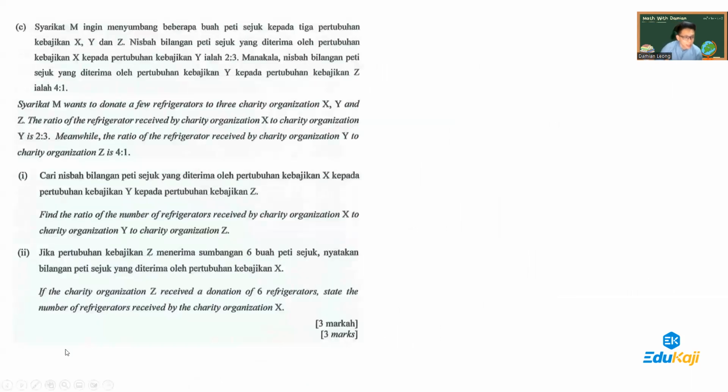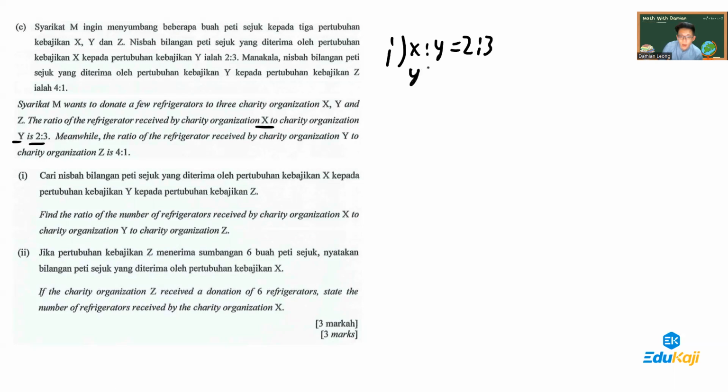Okay, then part C. First one. I want the ratio of the number of refrigerators received by charity organization X to charity organization Y to charity organization Z. So you see, X to Y is 2 to 3.